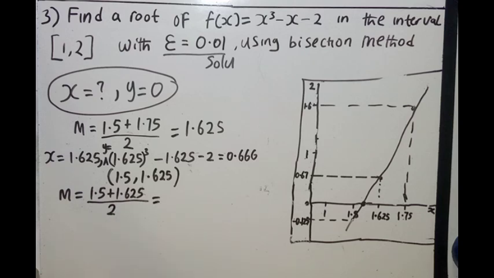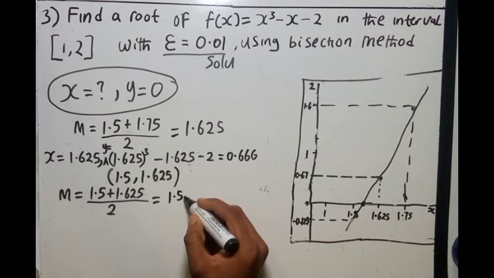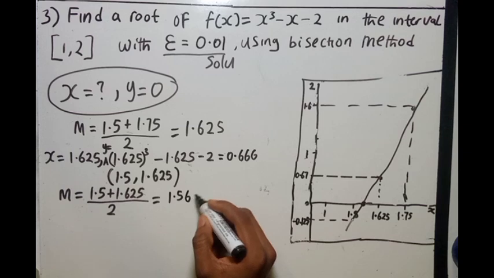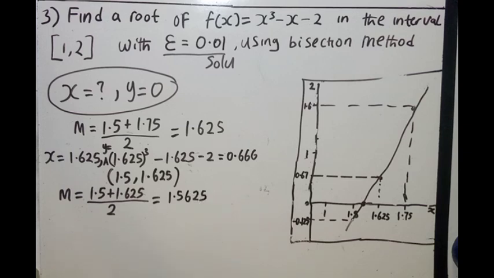Now with a calculator, you have 1.5 plus 1.625 over 2, we have 1.5625. That's what lies in between the two of them. So that value will be 1.5625.